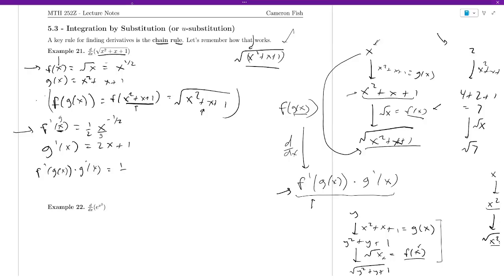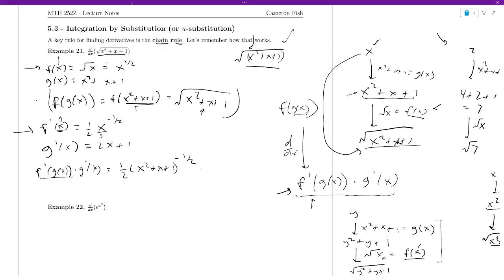So you basically just start writing down the formula for f prime, but everywhere you see an x, you put a g instead. I like to put it in parentheses to remember that I'm gonna plug something into here. I could write g of x, but I know what g of x is, so I might as well just write what it is, which is x squared plus x plus 1.